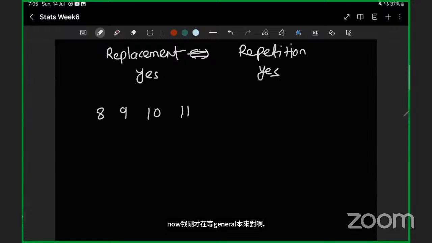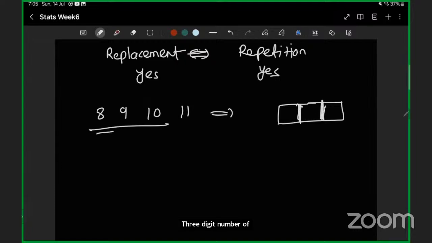These four numbers are there. You have to form a three-digit number out of these four only, and repetition is allowed. Then how many ways can you create this three-digit number?